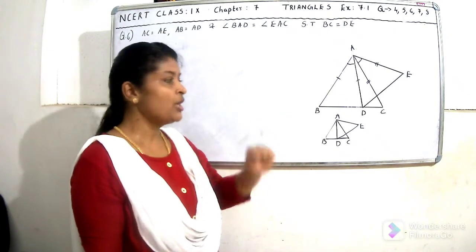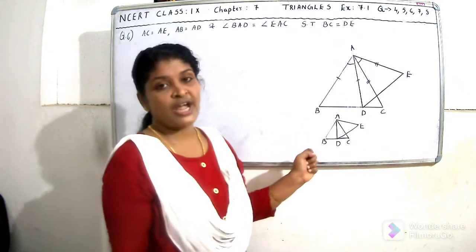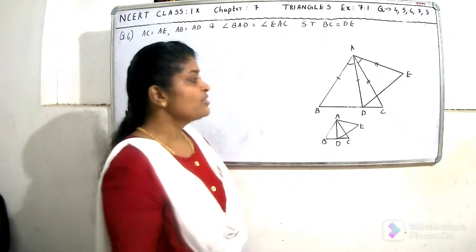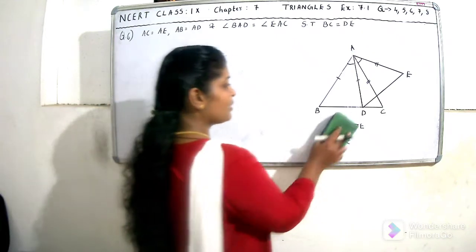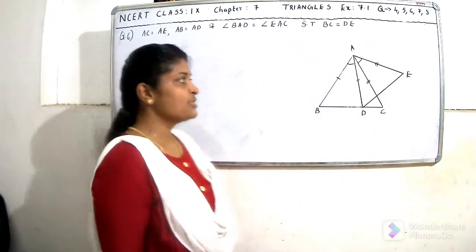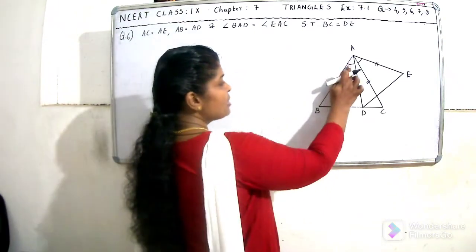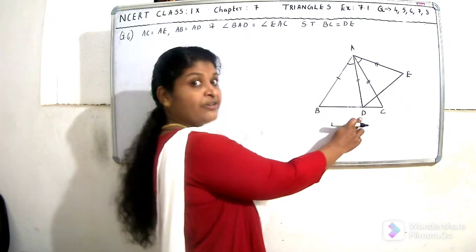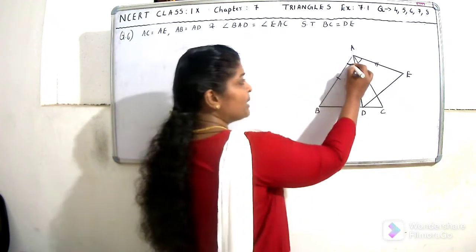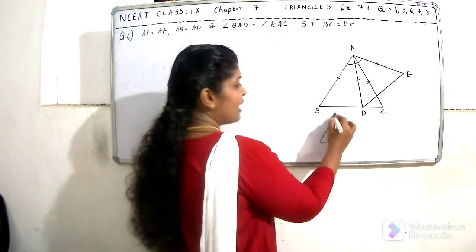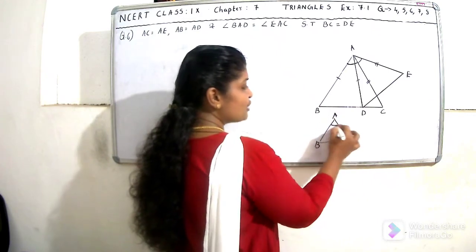Now we have to think how we can prove these two triangles are congruent. Before that, we have to take the angle BAC. They gave BAD, but when we are considering triangle ABC we need the complete angle.